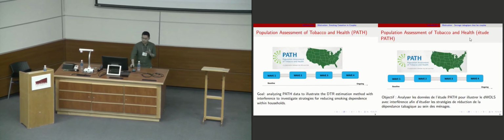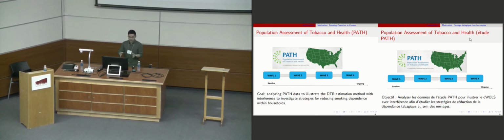Here is the real-world application from the Population Assessment of Tobacco and Health study, the PATH data. Launched in 2011, the PATH study is a nationally representative longitudinal survey study about tobacco usage and health.